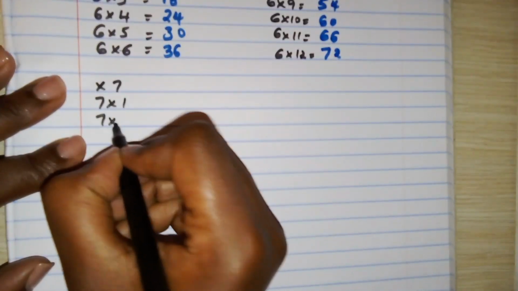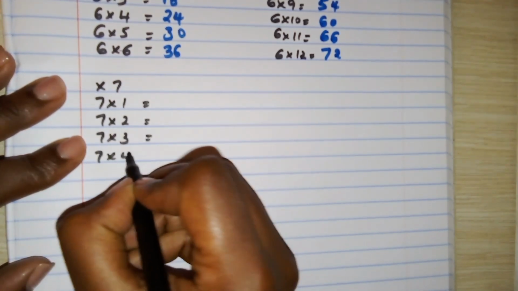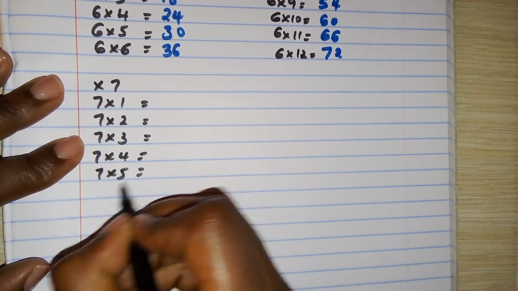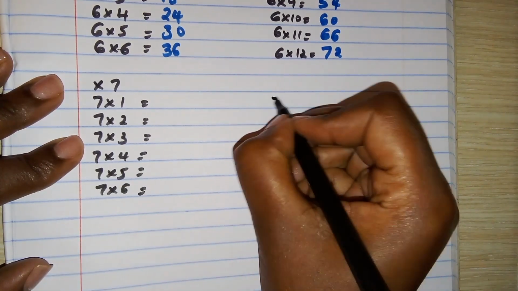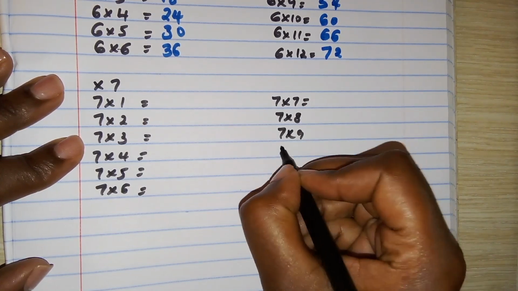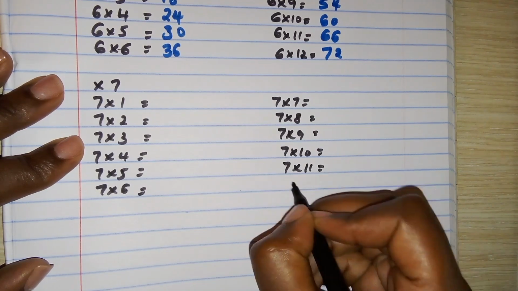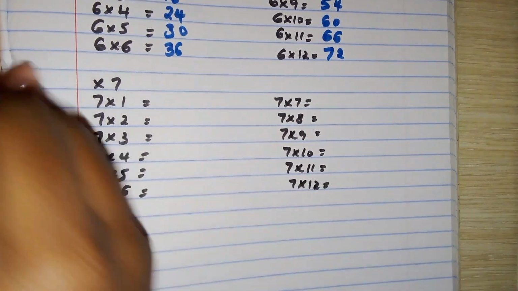7 times 1, 7 times 2, 7 times 3, 7 times 4, 7 times 5, 7 times 6, 7 times 7, 7 times 8, 7 times 9, 7 times 10, 7 times 11, and 7 times 12.